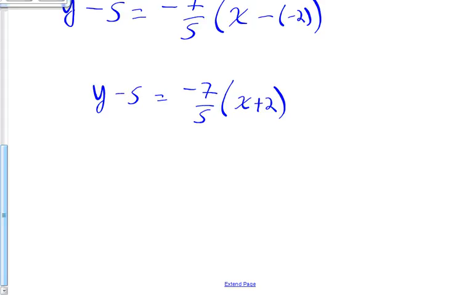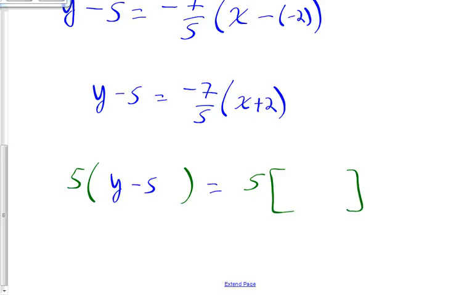And to put this in standard form, we follow the same procedure. We want to clear the fraction, so we're going to multiply both sides of the equation by 5. This is y minus 5 equals negative 7/5 times x plus 2.